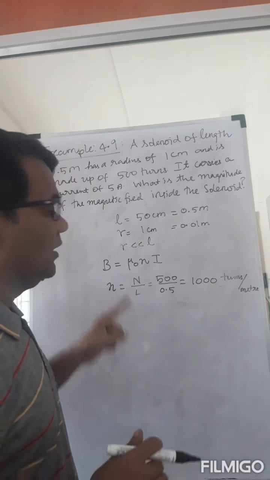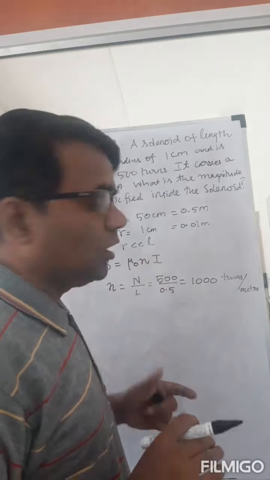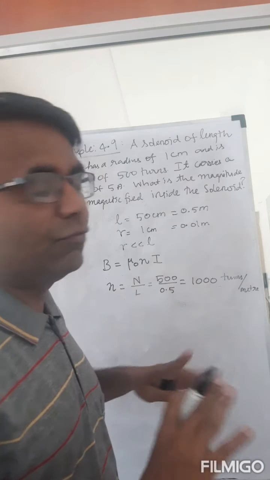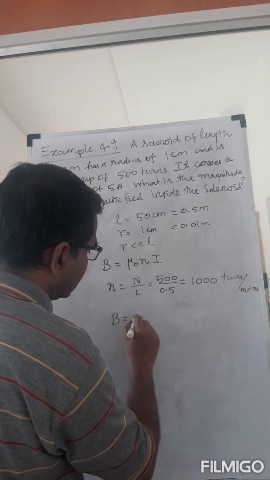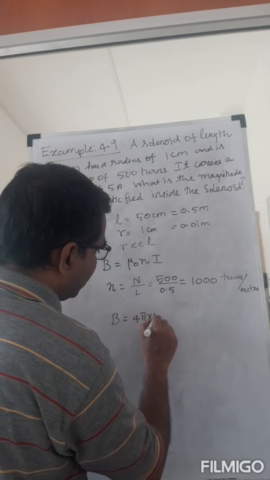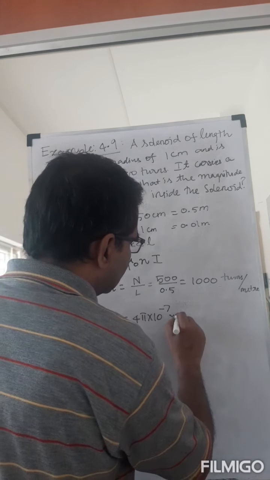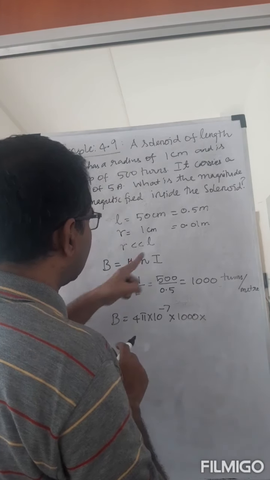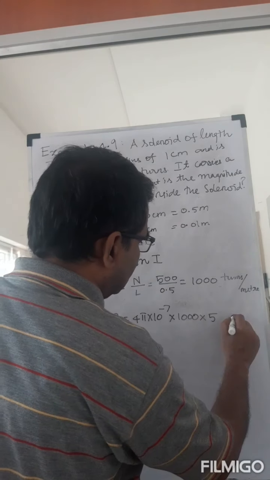So you found that. Now it is only a question of straightforward substitution of these values in this formula. So B is equal to mu naught, which is 4 pi into 10 to the power minus 7, and the small n is 1000, and I is 5 amperes. So many Teslas.